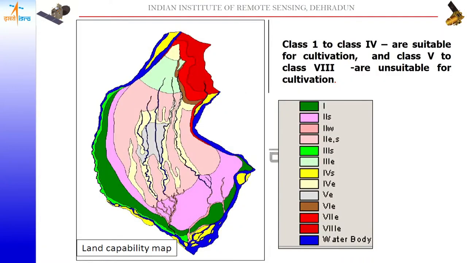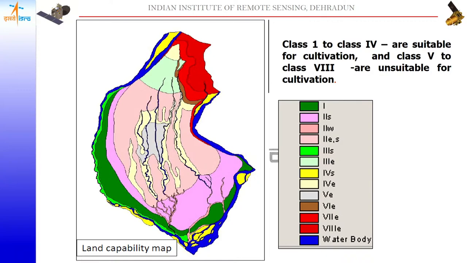And that map we can convert into a land capability map. Here you see capability class 1 to capability class 4, and we have got here capability class 1 to capability class 8. Land capability class 8 is not suitable for agriculture. Mainly not agriculture, then what?